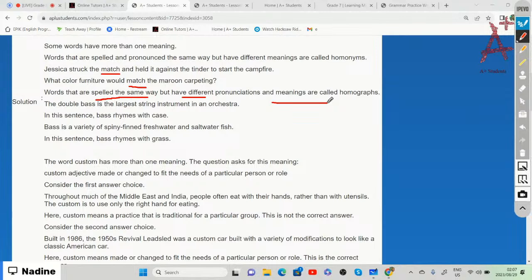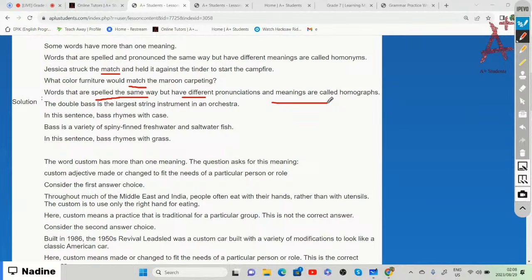The example is: the double bass is the largest string instrument in the orchestra. In the sentence, bass rhymes with case. Once again, words that are spelled the same way but have different pronunciations and meanings are called homographs, right?